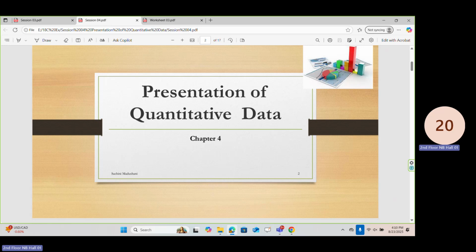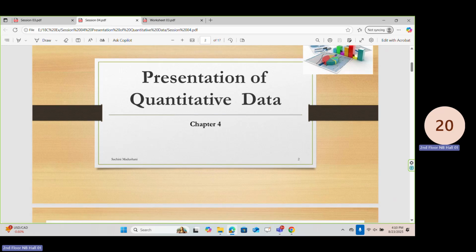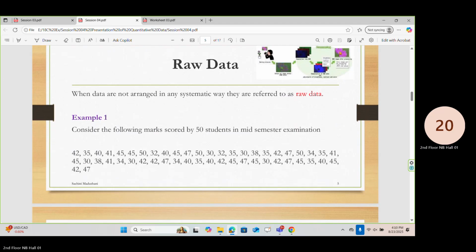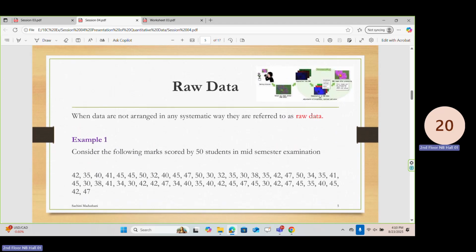Calculators are available. Then the second chapter is presentation of quantitative data. Now you know quantitative variables. Variables that can be measured numerically we call quantitative.